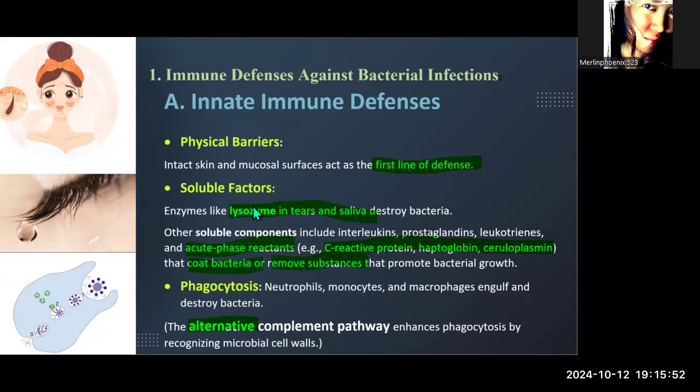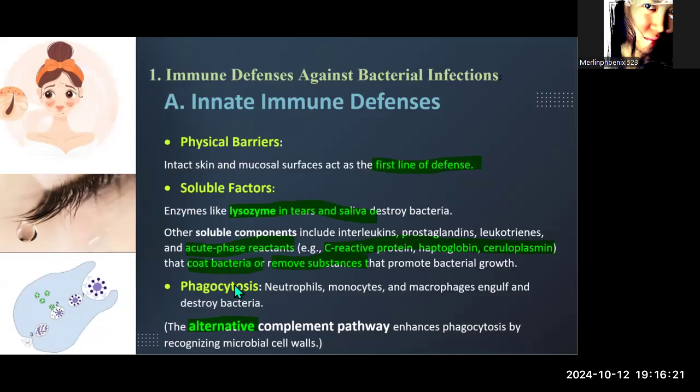We also have soluble factors in the form of lysozyme in tears and saliva, which break down bacteria, and other soluble factors, including interleukins, prostaglandins, leukotrienes, and acute phase proteins like CRP, haptoglobin, and ceruloplasmin. They coat the bacteria or eliminate substances that encourage bacterial growth.